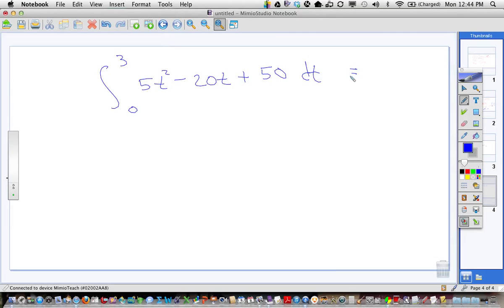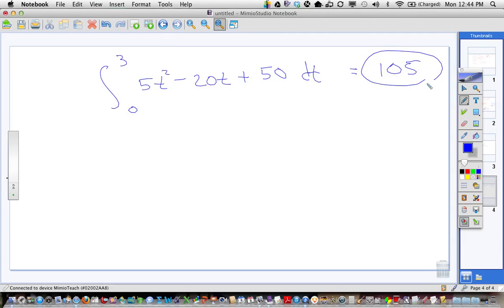What is it as an answer? 105. Now, that 105 has no meaning to it other than it's just a number. It's just the value of that definite integral.